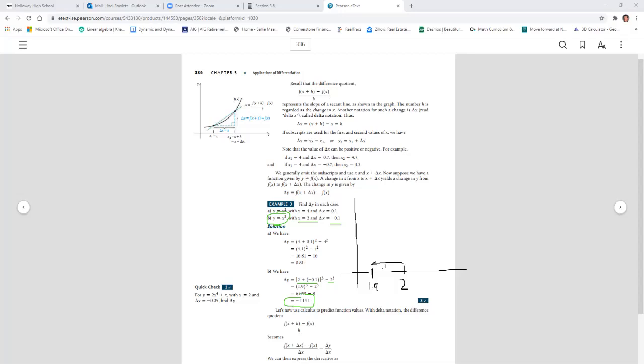And at this point, I need to plug these x values into y. And 1.9 cubed is 6.859. So the y value here would be about 6.859. And if we plug in 2 for x, 2 cubed is 8.